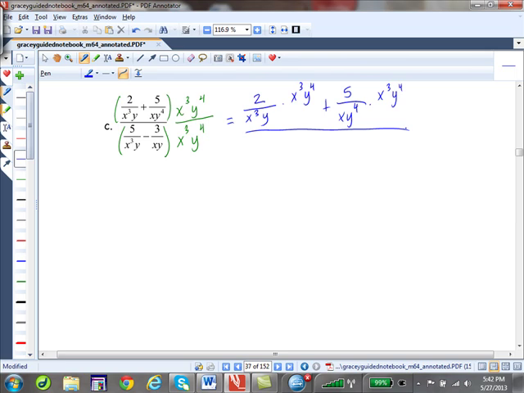That will be all over 5 over x cubed y times x cubed y to the fourth, minus 3 over xy times x cubed y to the fourth.